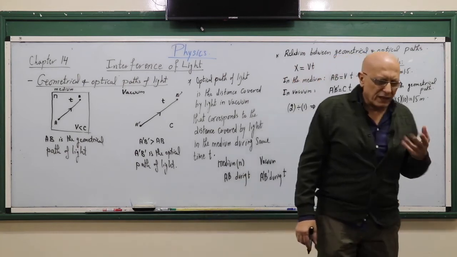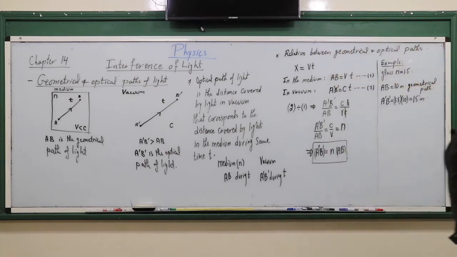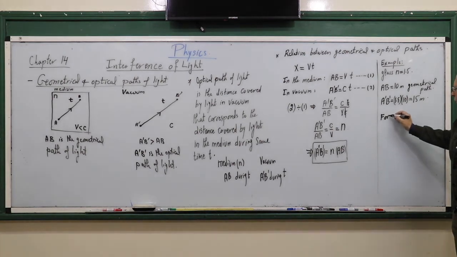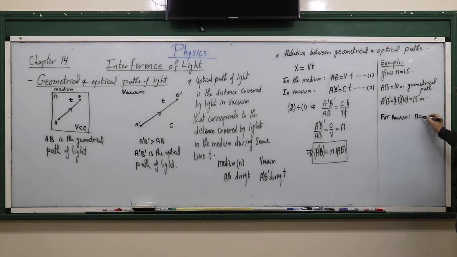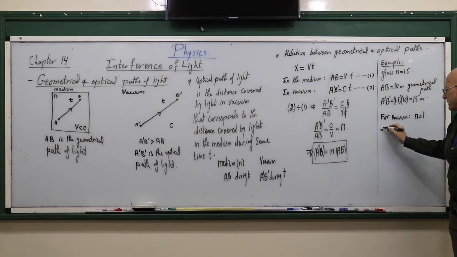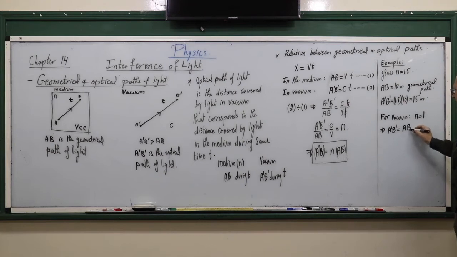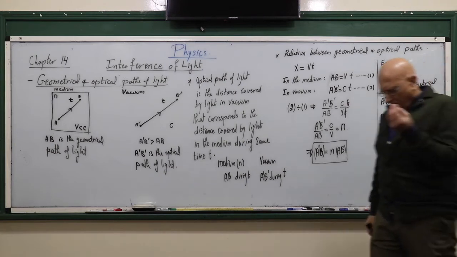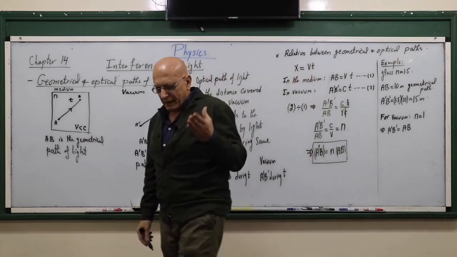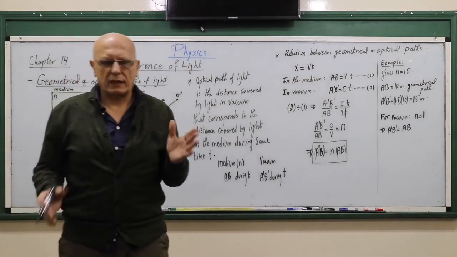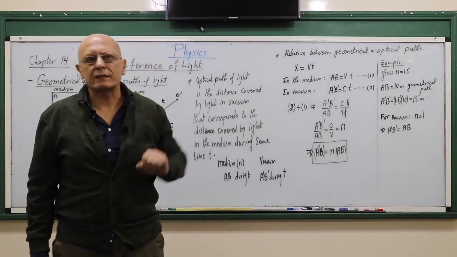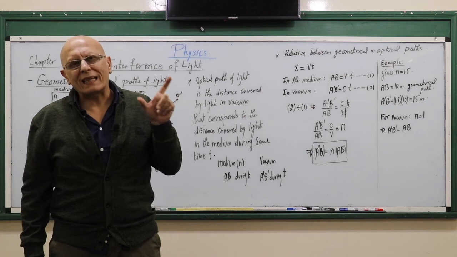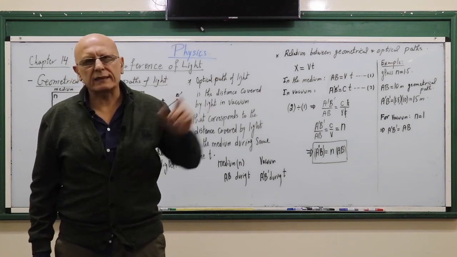It is a very important quantity in interference, the optical path. Look here, for vacuum, n equals 1, so A prime B prime equals AB. In vacuum, if light covers, for example, a distance of 10 meters, this is the geometrical path, the real distance covered by light.